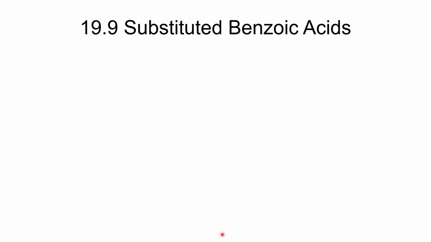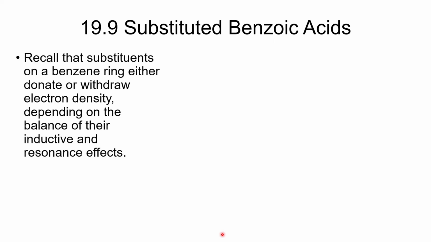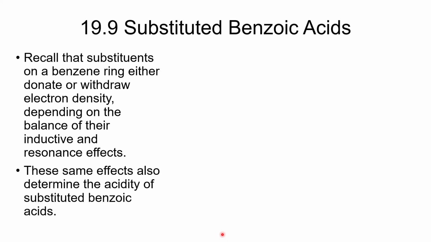So let's look at substituted benzoic acids. Remember, if you go back to chapters 15 and 16, we talked about benzene, aromatic compounds, and putting electron donating and electron withdrawing groups on them.